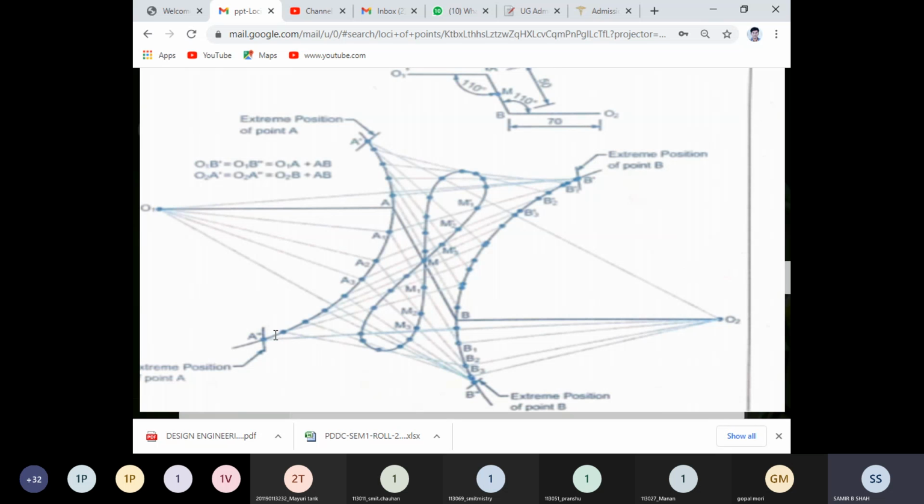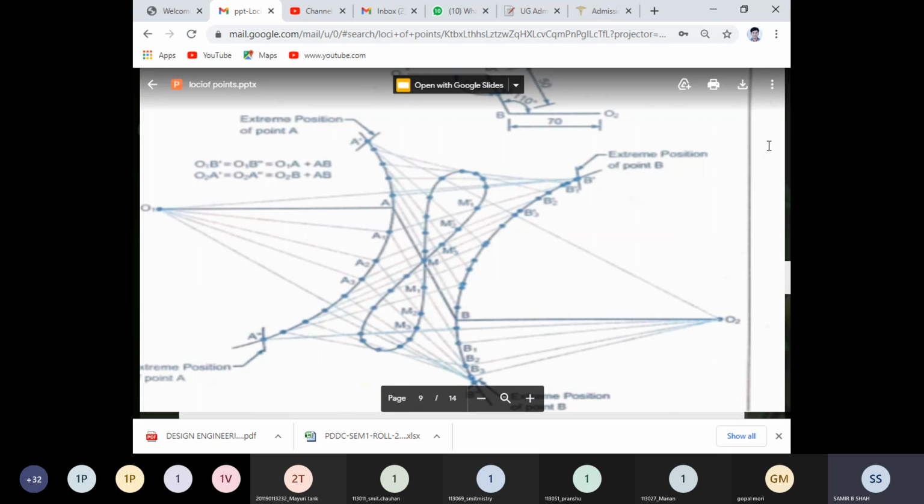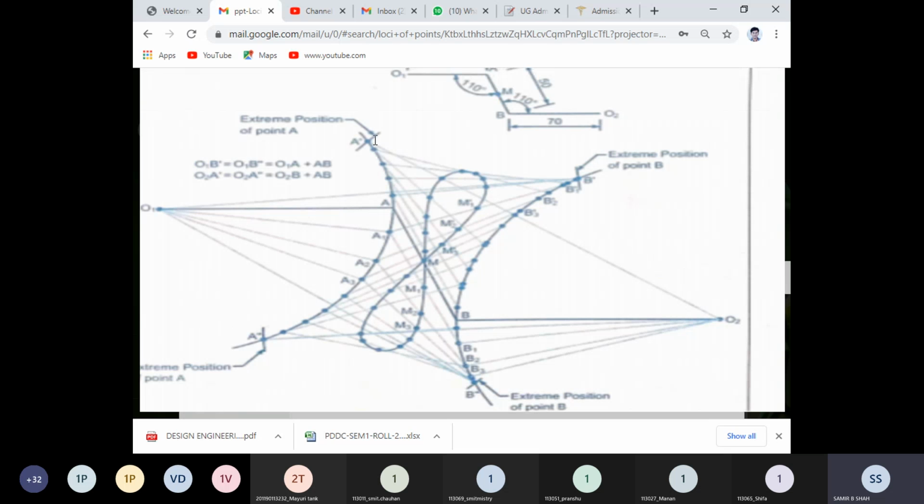Okay, so we very easily get the extreme positions of point A and point B, which are focused with the centers O1 and O2. Once the extreme points are completed, after that take some points on the locus of A between A dash and A double dash.